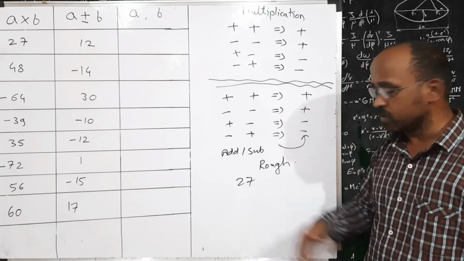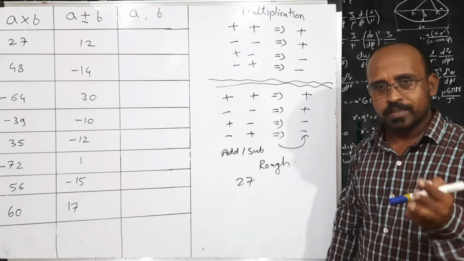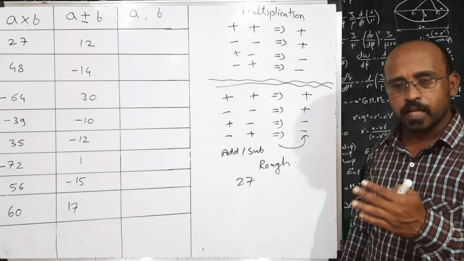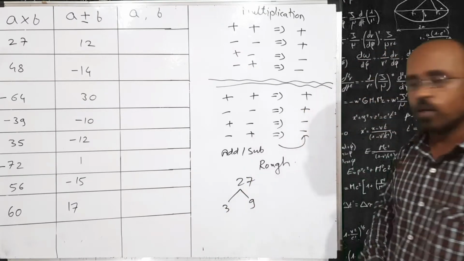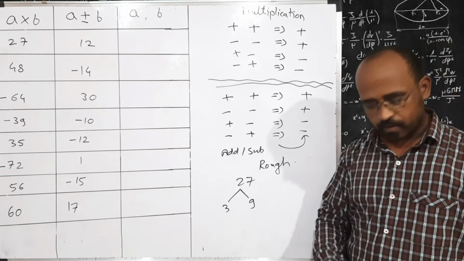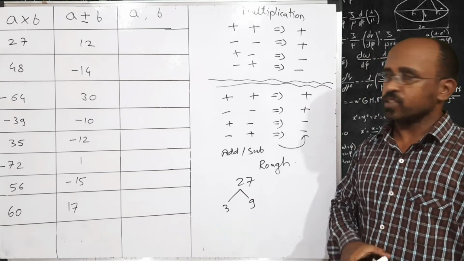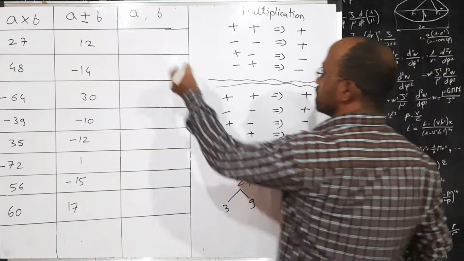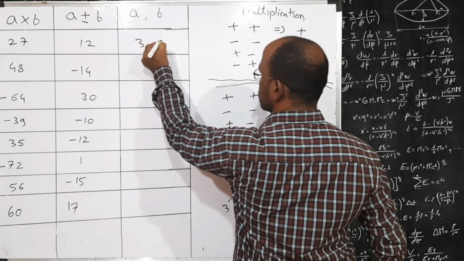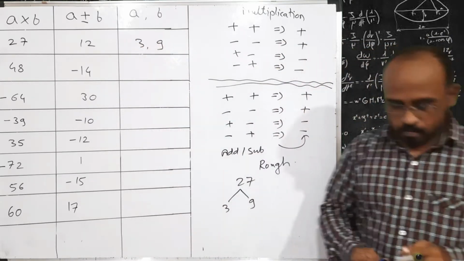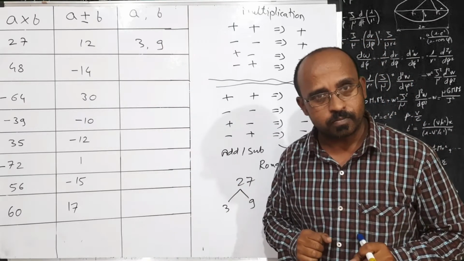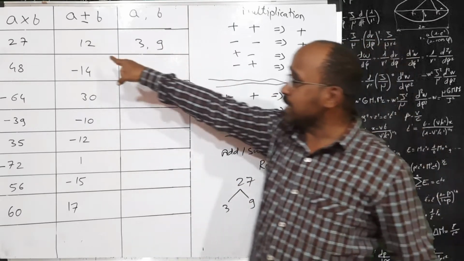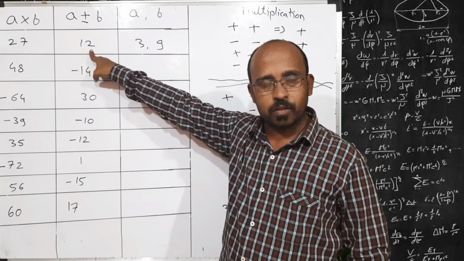So what are those? 27 is divisible by 3, three 9s are 27, and 3 plus 9 is 12. So 3 and 9 are the numbers whose multiplication is 27 and addition is 12. Clear up to this? But friends, they may be minus 3 and minus 9 also, right? So what is the answer of the addition? Plus 12.